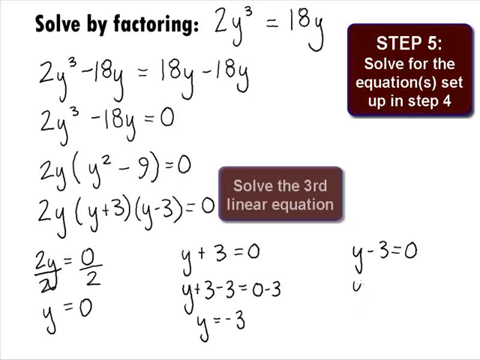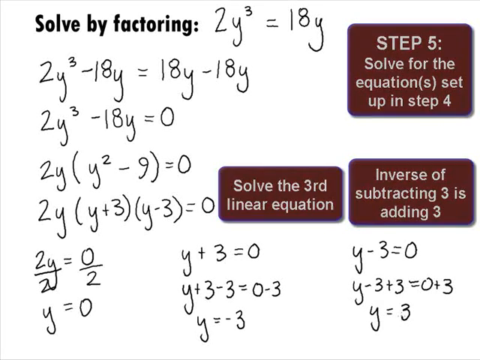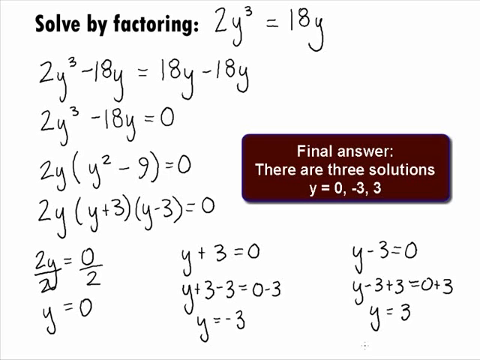In the third equation, we can do the inverse of subtract and add 3 to both sides, so we'll have y minus 3 plus 3 equals 0 plus 3, which will simplify to be y equals 3. So our final answer is y equals 0, y equals negative 3, or y equals 3.